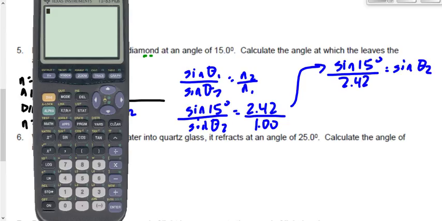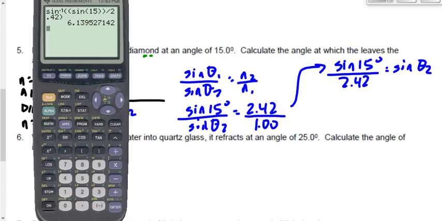We're going to say the inverse sine of, let's use another bracket here, sine 15 divided by 2.42. Now, there are a lot of brackets there, so let's make sure they work out: brackets around the 15, brackets around the sine, brackets around the whole thing. Looks like it's good.